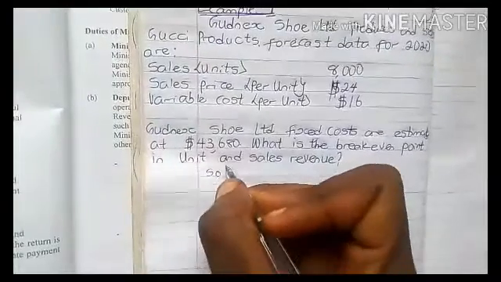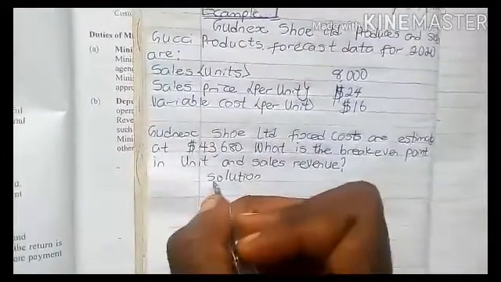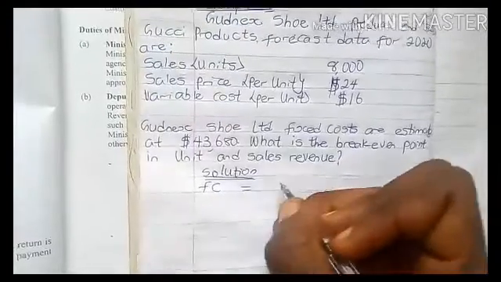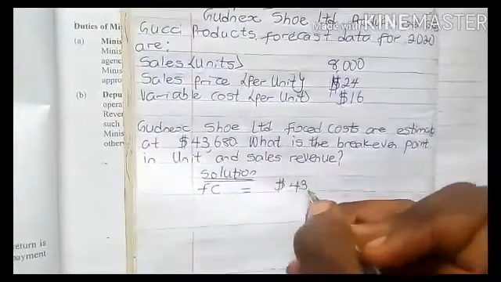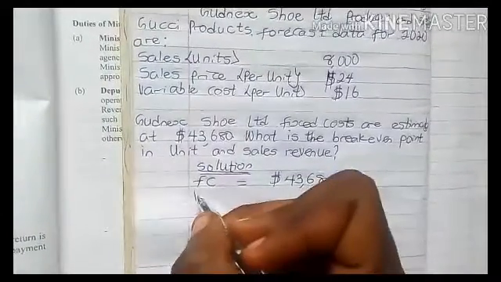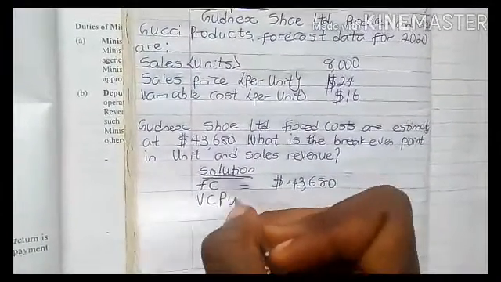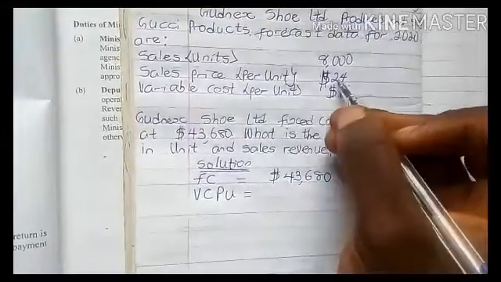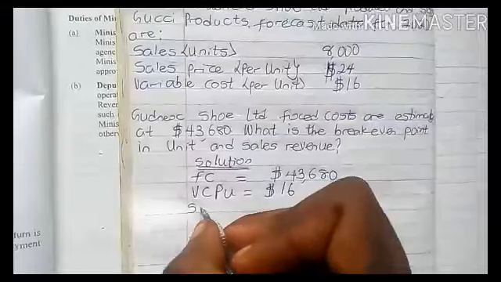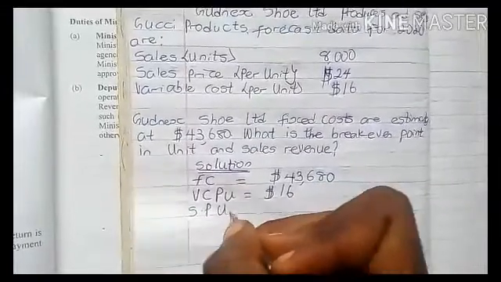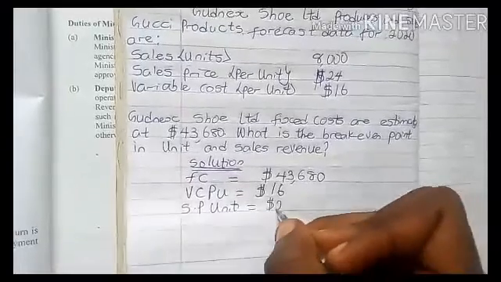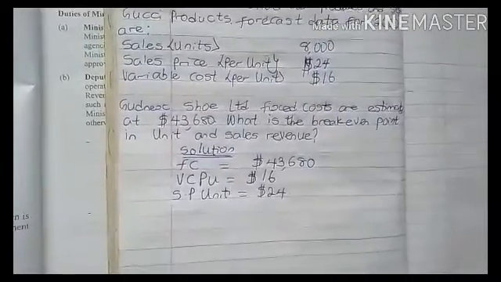Solution. The first one, we've known our fixed cost to be $43,680. Next one is variable cost per unit. We know it to be $16, and our sales price per unit, we know it to be $24.